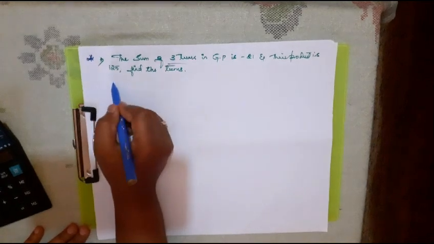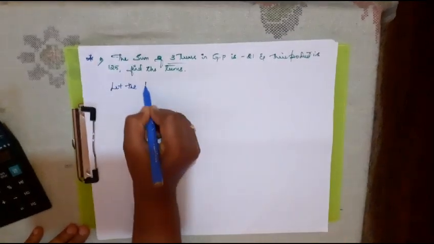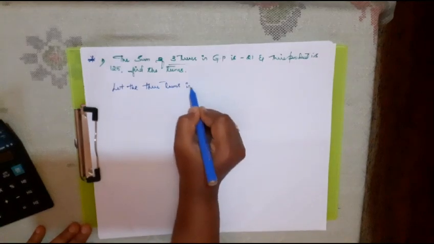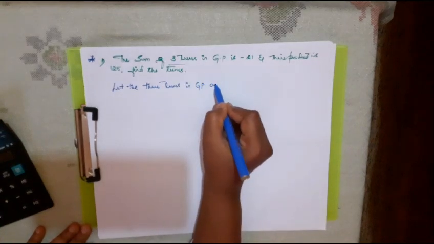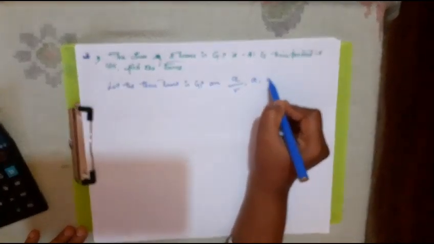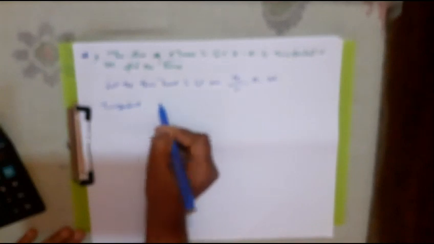Here also we are assuming that the 3 terms in geometric progression are A by R, A, AR. First we are considering the product; in the arithmetic progression we considered the sum, but here we consider the product.